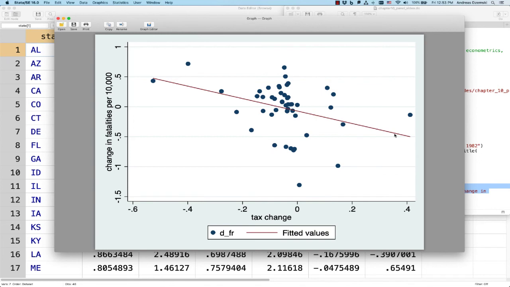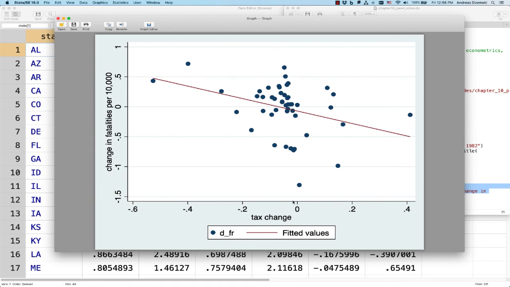Still, we understand that we have to be careful and that even the first difference method can lead to misleading results. This will be the case if tax changes are systematically connected to other changes over time that may impact the fatality rate.